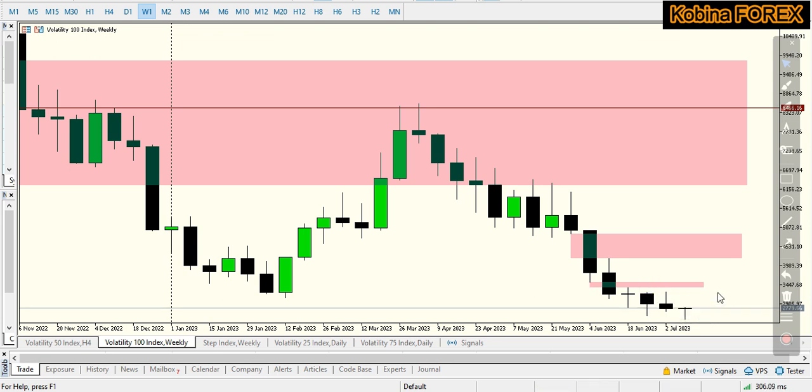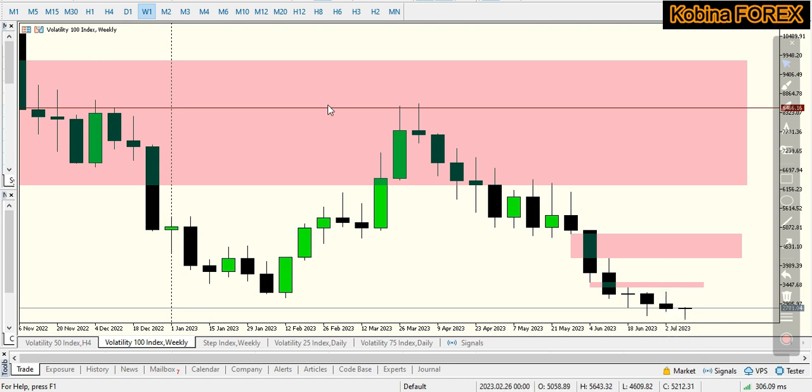So there are some fair value gaps resting in here on the weekly. This is a weekly fair value gap that price can necessarily come in and take down before it rallies down. Do you get it? Price can necessarily trade into it before it rallies down.